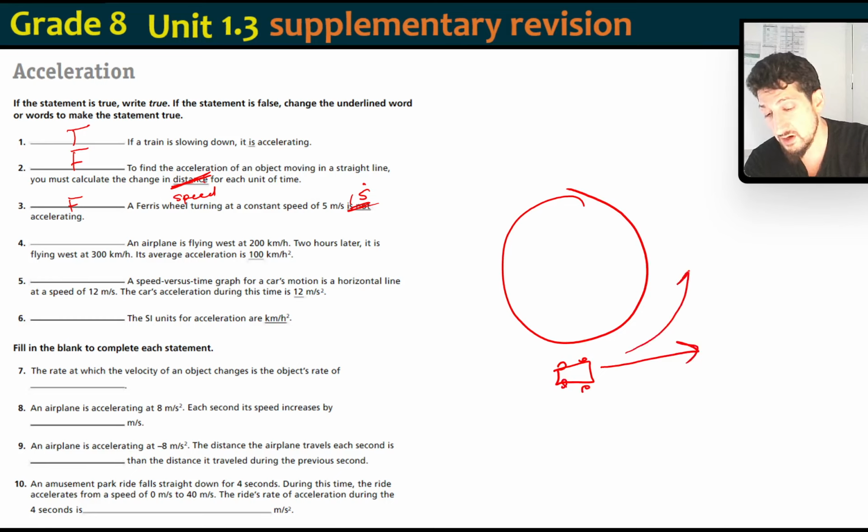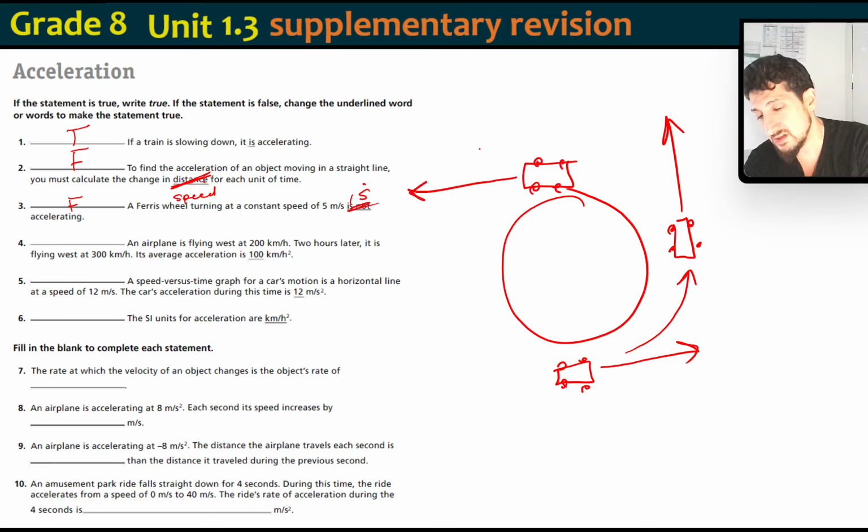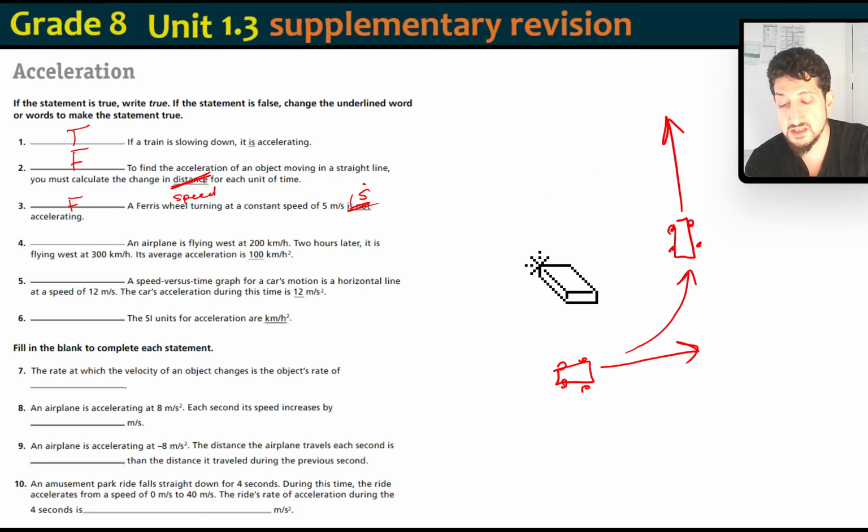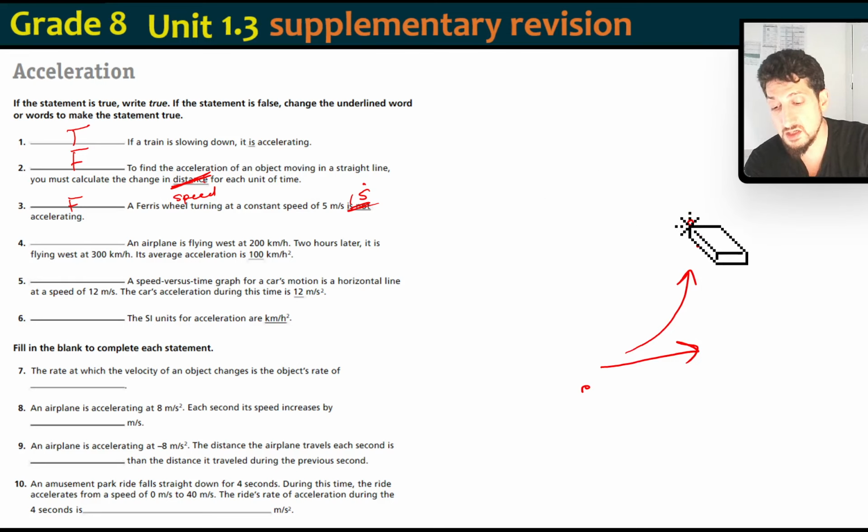But if it's moving around the roundabout, what's going to happen to it? Over here, the direction changed. Now it's moving this way. Over here, the direction changes again. Now it's moving this way. And since the direction is changing, we call that acceleration. Acceleration is either slowing down, speeding up, or changing directions.